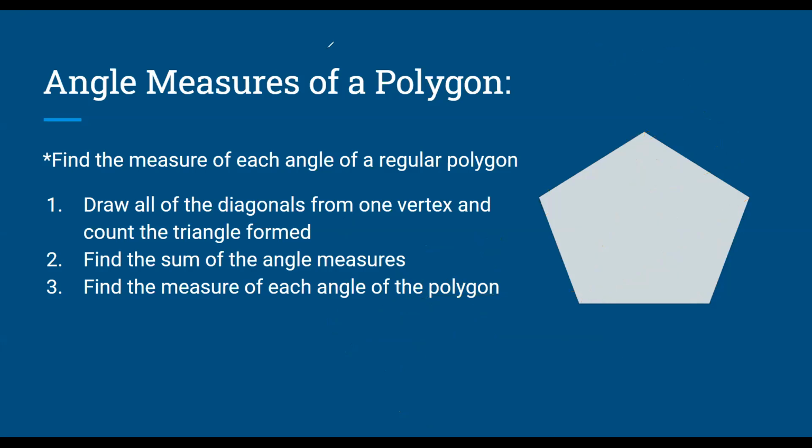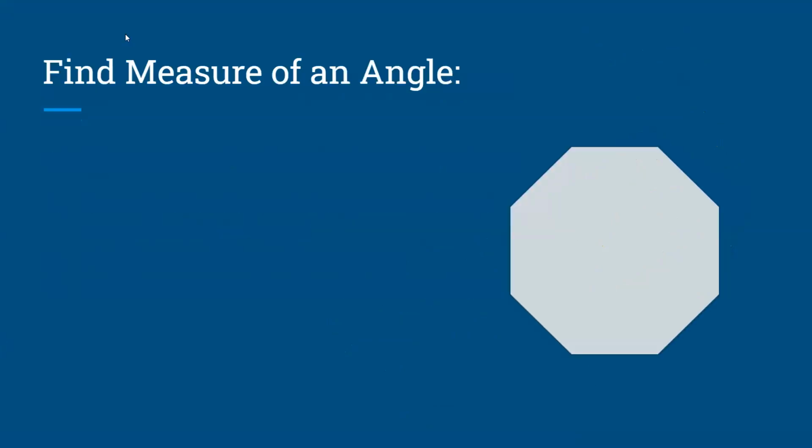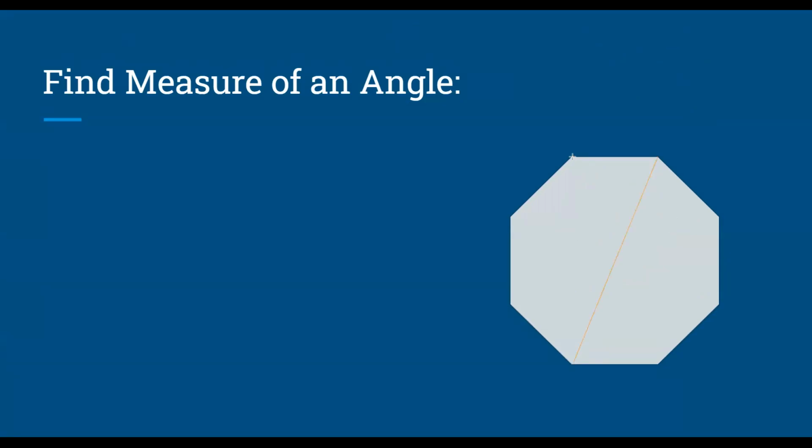We're going to do one more like this with an example of an octagon. So same thing, I'm going to go ahead and make some triangles. So I'm going to first draw a line across. Let's connect right there. Connect right there. Connect right there.